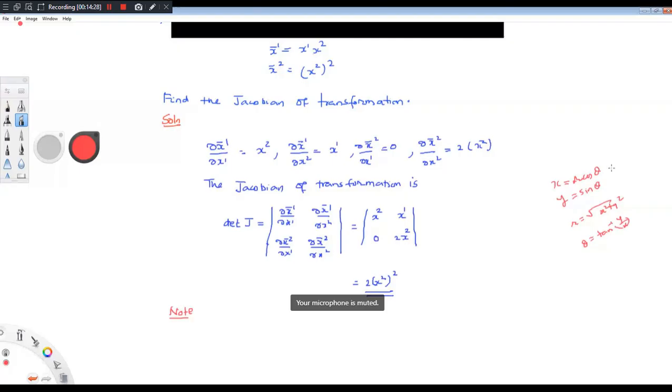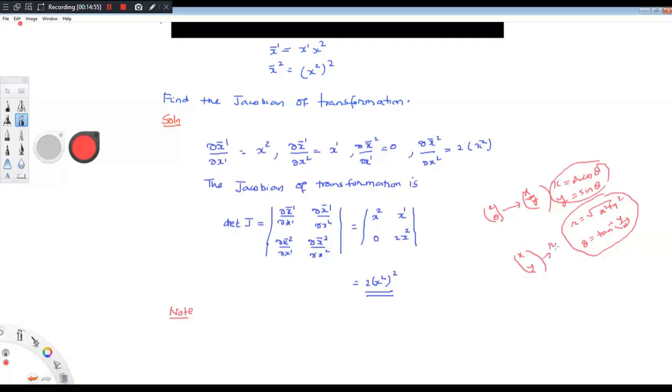So now you look at this one, and this is this transformation. If r and theta are given, how will you find out x and y? That is the meaning. Here, if x and y are given, how will you find out r and theta?